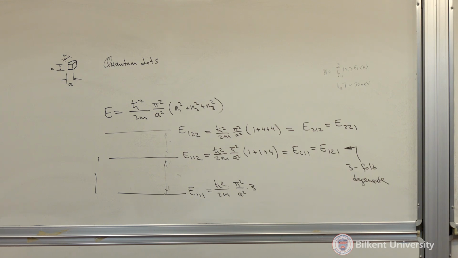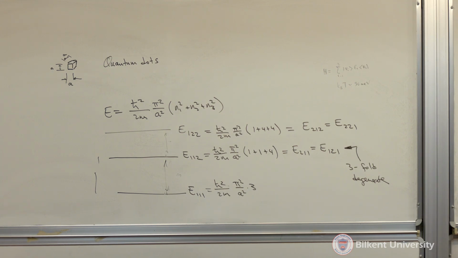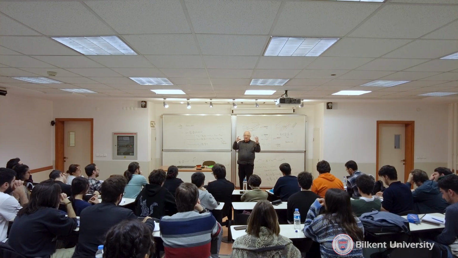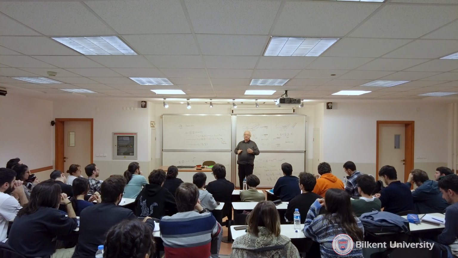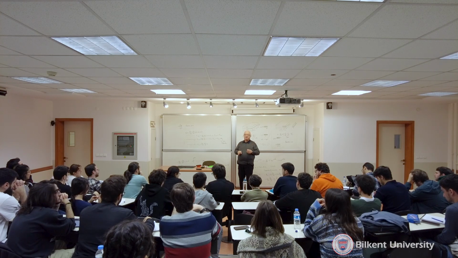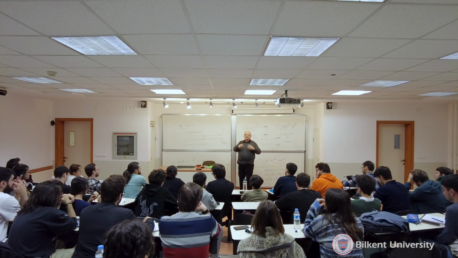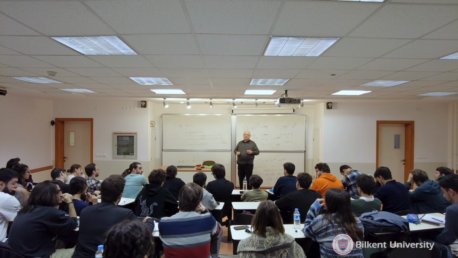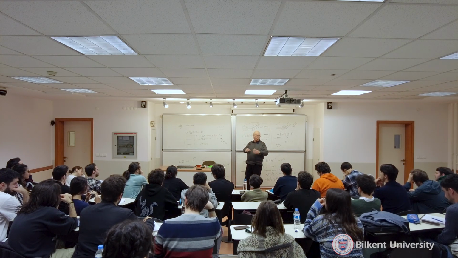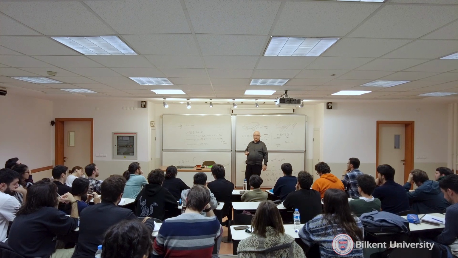So if you want some commercial application, you can have these things generate light only at a certain frequency or wavelength. So you can make these light emitting devices such as lasers, television screens, all that type of stuff, which will give you certain colors under certain conditions. You can adjust them to generate patterns and such things. So that's probably the most common application. Their interaction with light is the application.